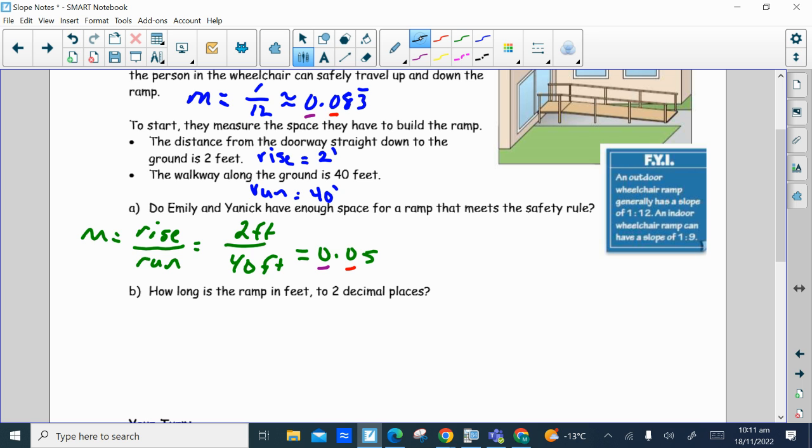When we compare the next number, which is an 8, compared to our number, which is a 5, our number for the actual distance and room that they have is less than the 8. If they build this ramp 2 feet high and 40 feet long, its slope is less than the standard that it needs to be. So they do have enough room.